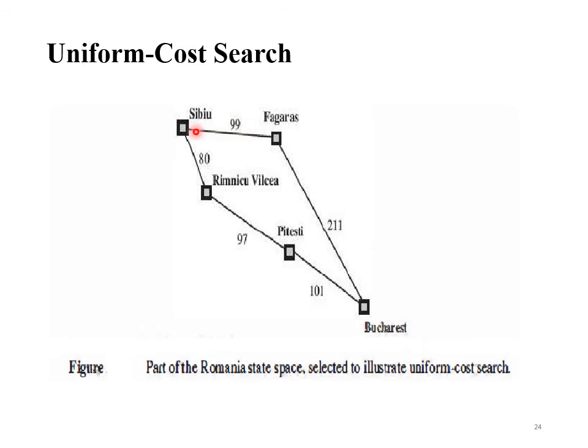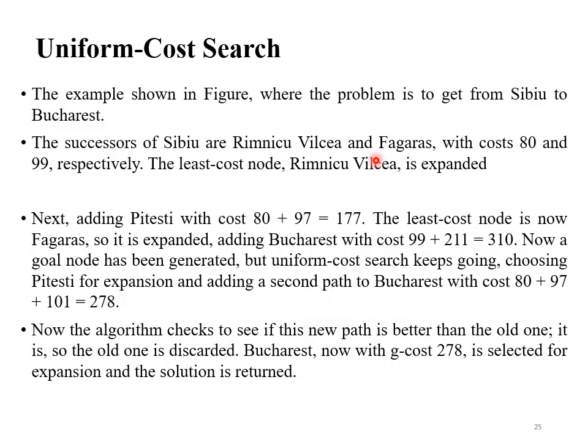If you want to find the path from Sibiu to Bucharest, then either you can go by Fagaras or you can go by Rimnicu Vilcea and Pitesti. The successors of Sibiu are Rimnicu Vilcea and Fagaras, with costs 80 and 99 respectively.